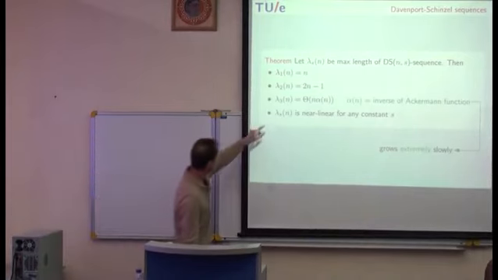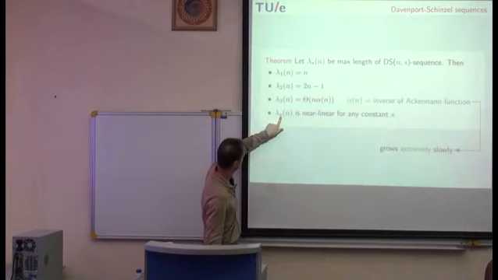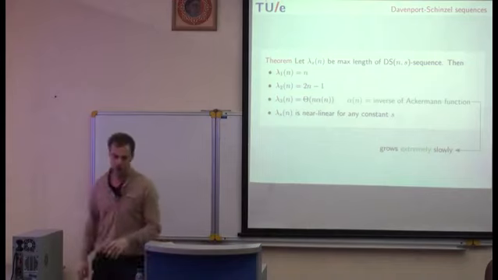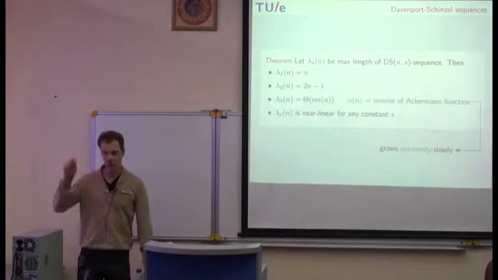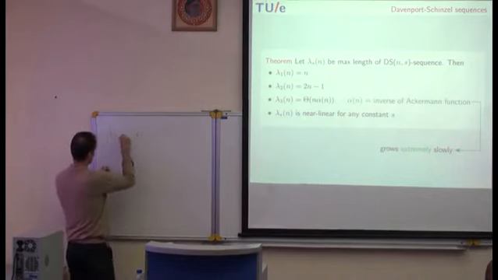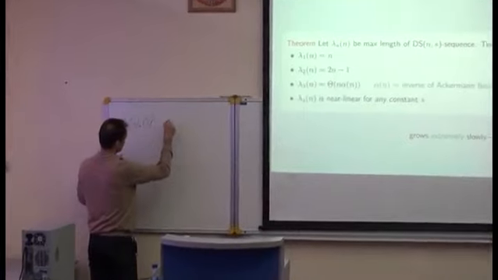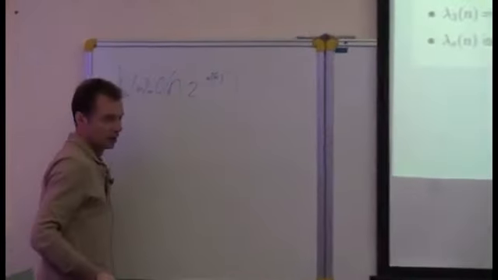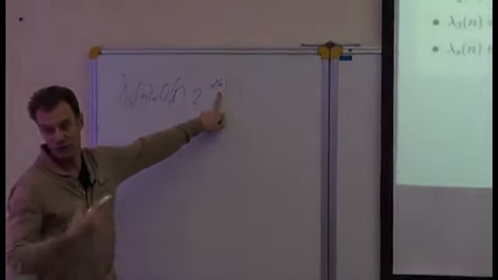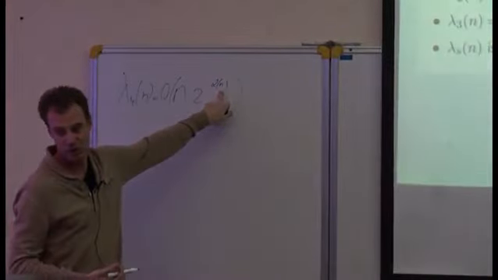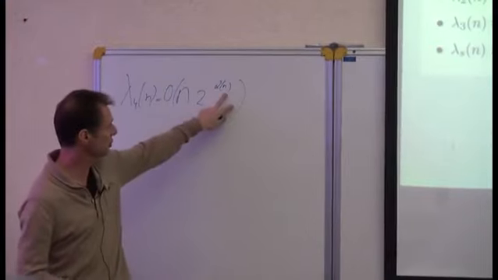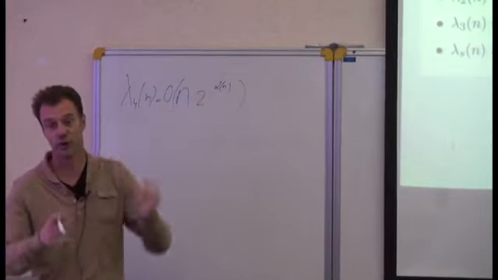And actually, for any constant s, this is almost linear. The next term, lambda 4 of n, is O of n times 2 to the alpha n, which still looks like it grows very quickly because this is in the exponent, but still this is smaller than n log star n, because this is growing so slowly, even this exponential thing is growing very slowly.